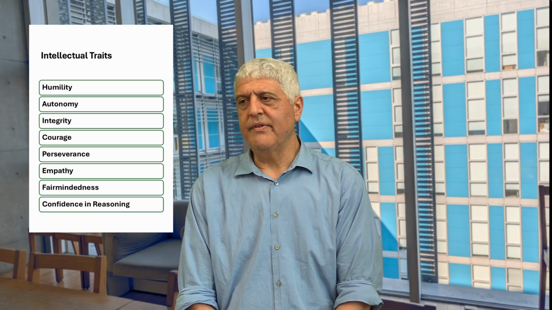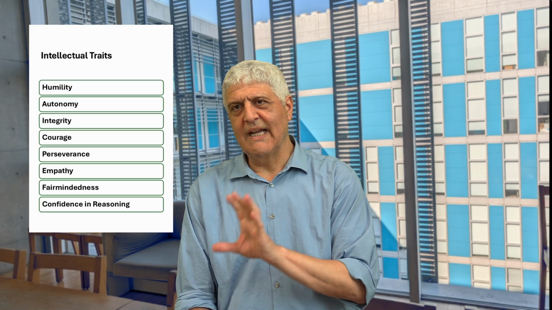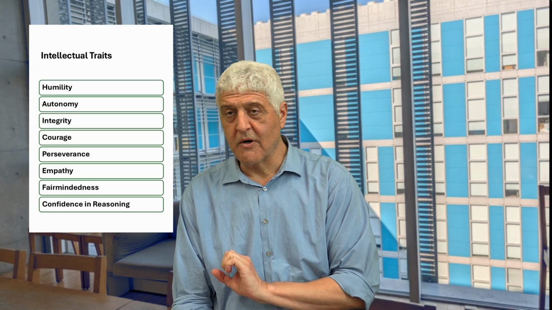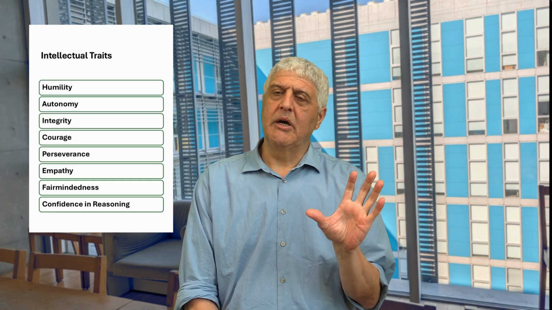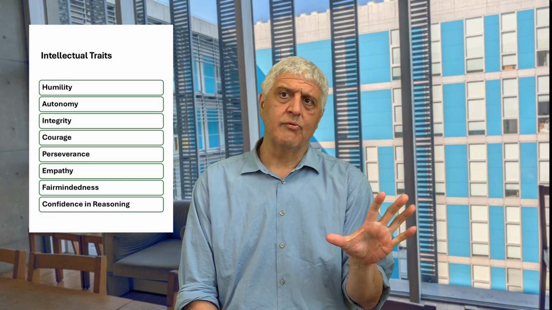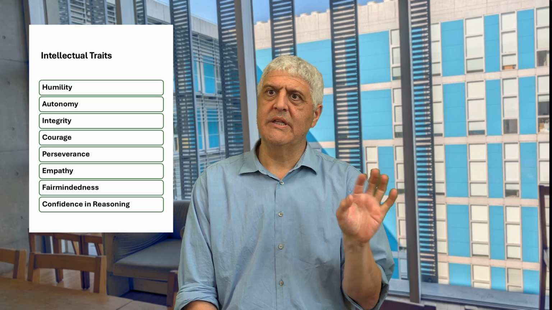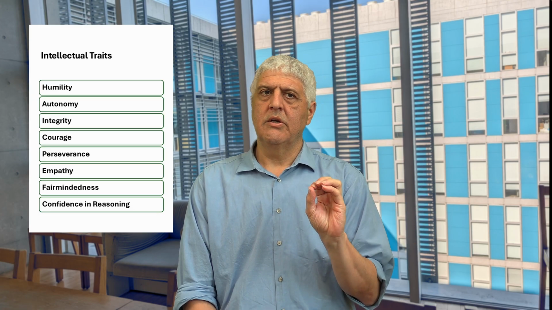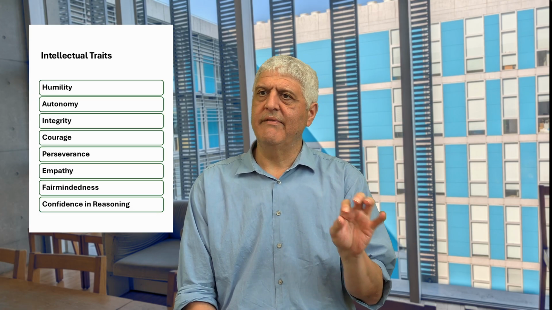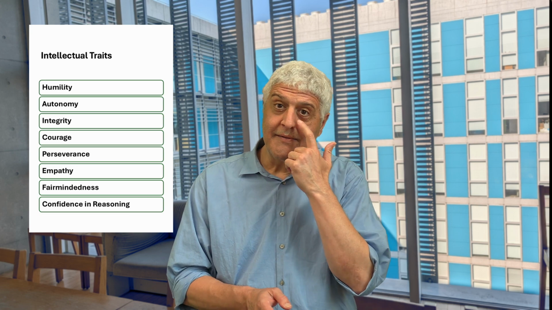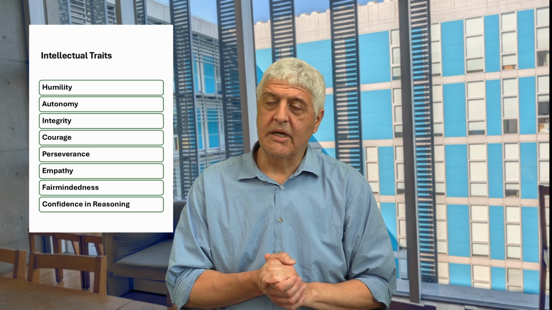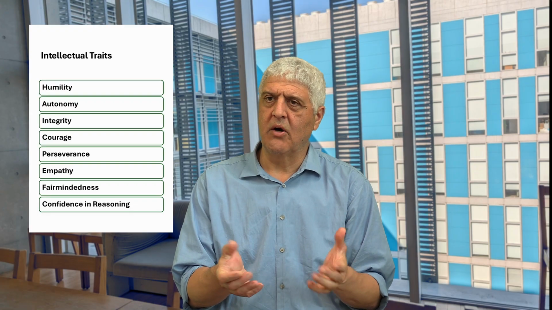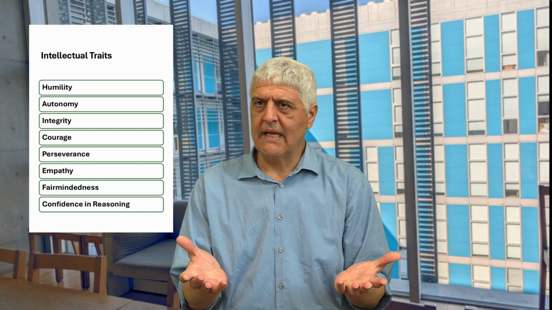So, for example, with taxing the rich and redistributing to the poor, do I approach that problem from confidence in reasoning or humility, right? So, do I really believe I know everything there is to know about creating an informed opinion about what should be done in that case?